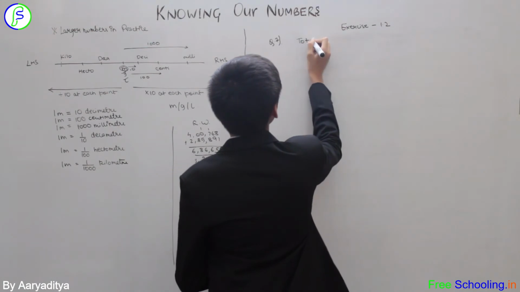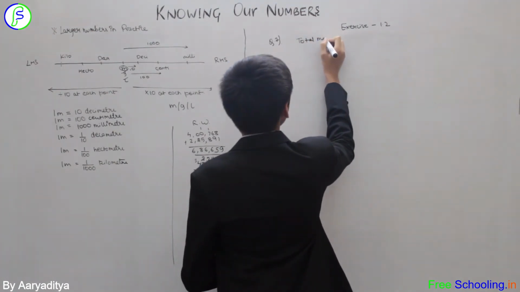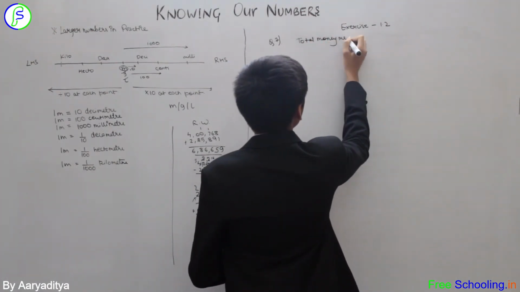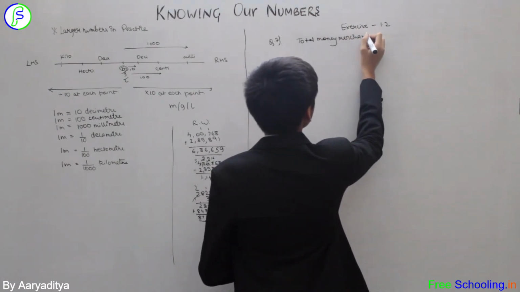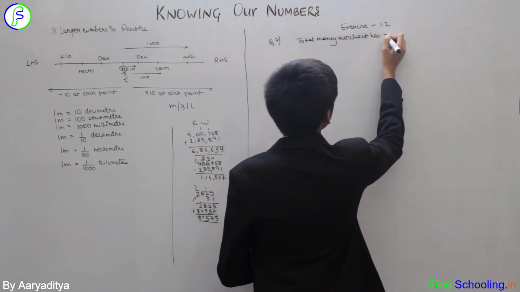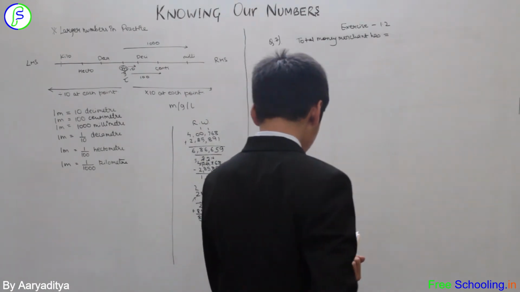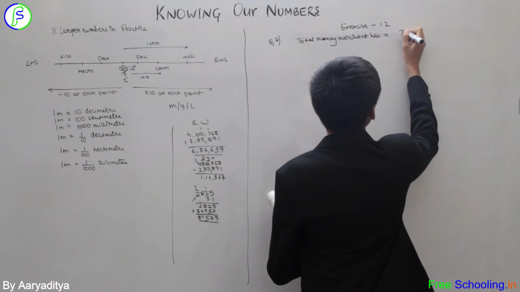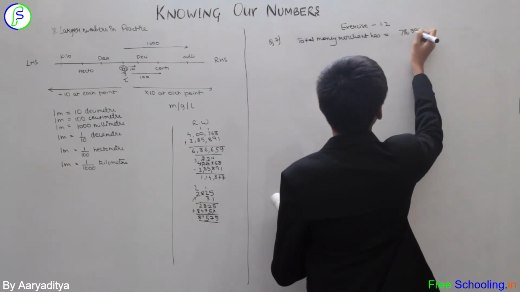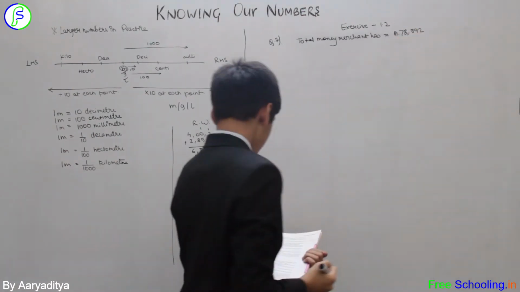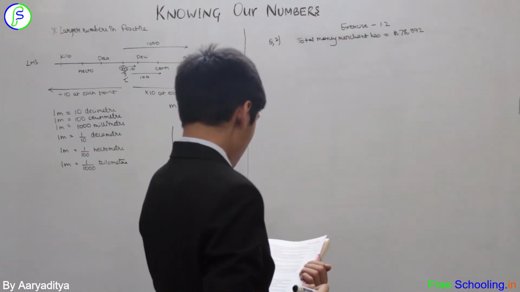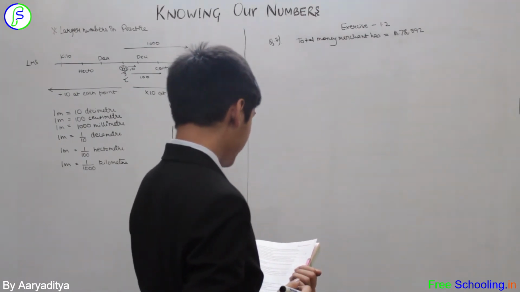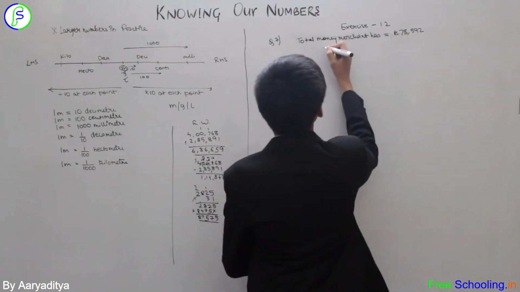We need to write total money the merchant has. So how much money does the merchant have? She has 78,592 rupees. Okay, and she placed an order for purchasing 40 radio sets.